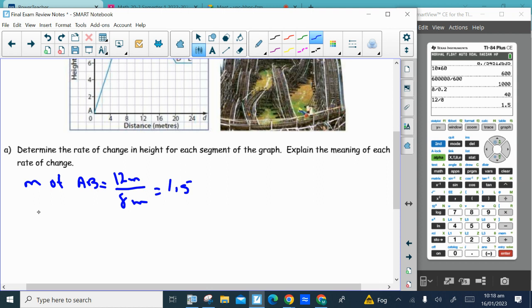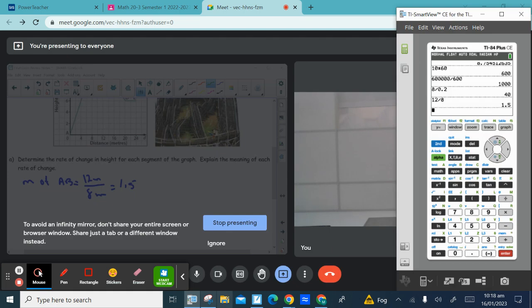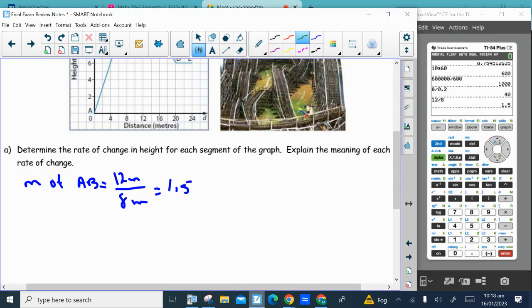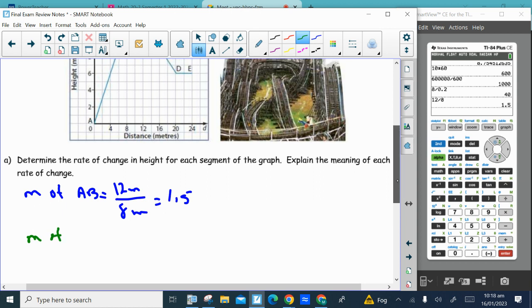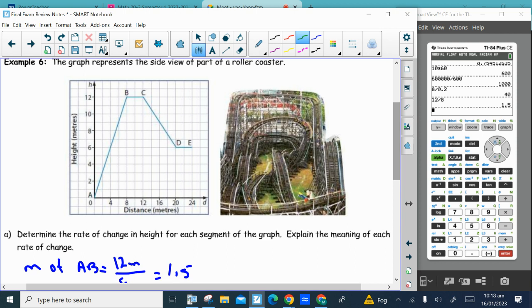So that's our first section. The second section is BC. This part doesn't rise at all. It's perfectly flat.